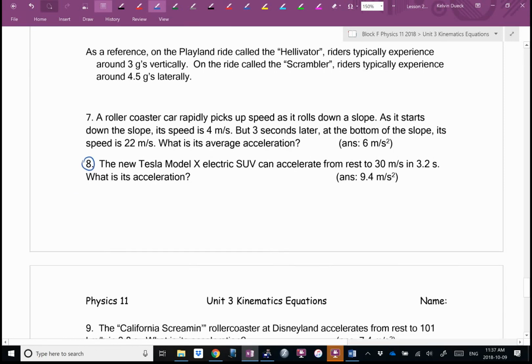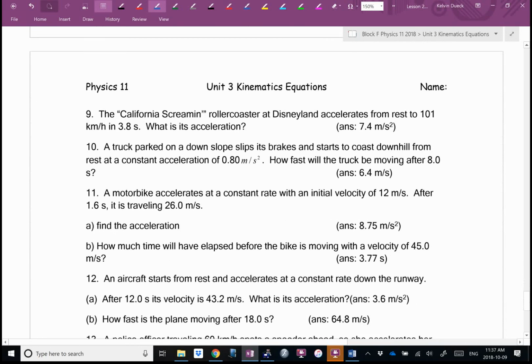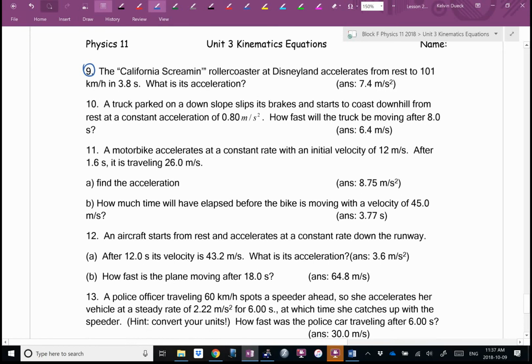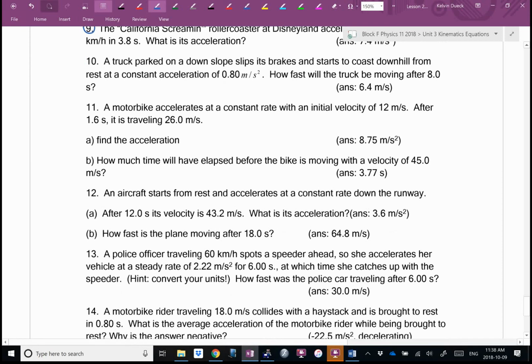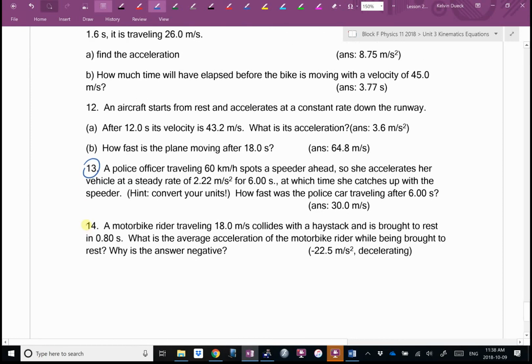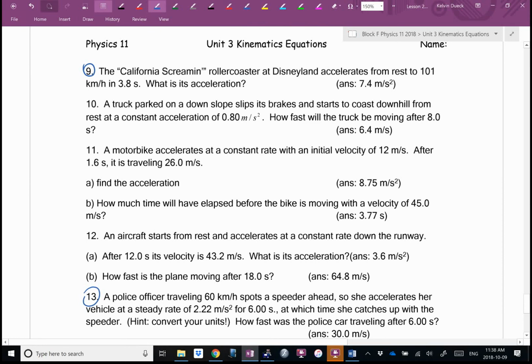Skip 7. And have you been on California Screamin' at Disneyland California Adventure? These numbers are accurate. Number 9, you've wondered what you're accelerating at? Now you know. I'm going to go with 13, 14. I'm going to do one from back here, 10 or 11. I'll go with number 10.